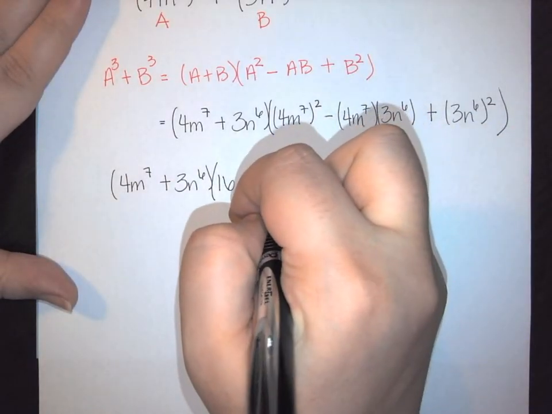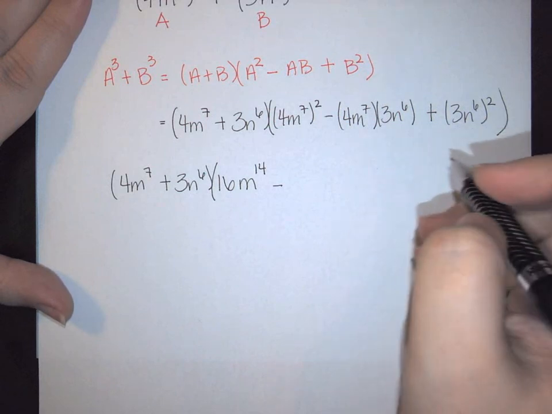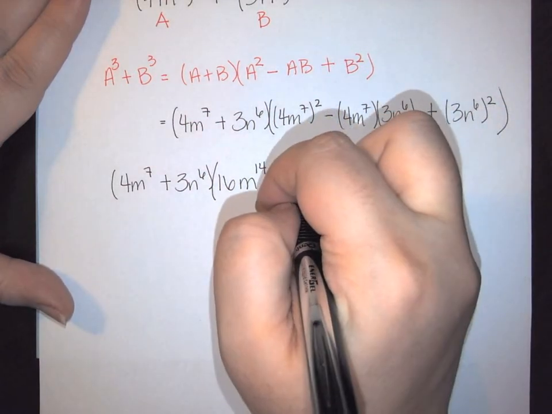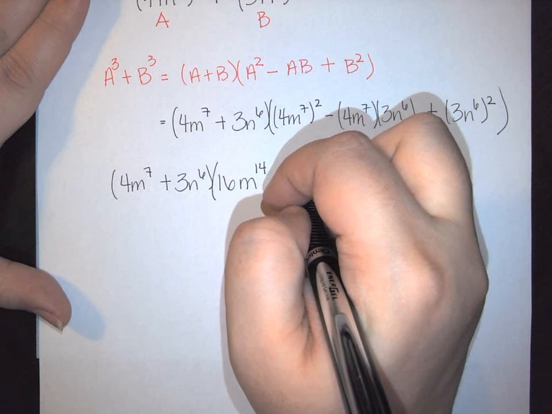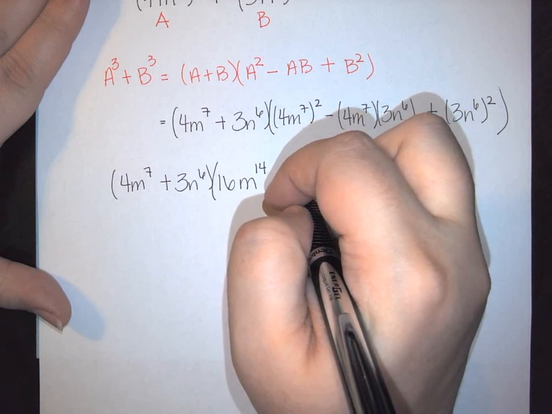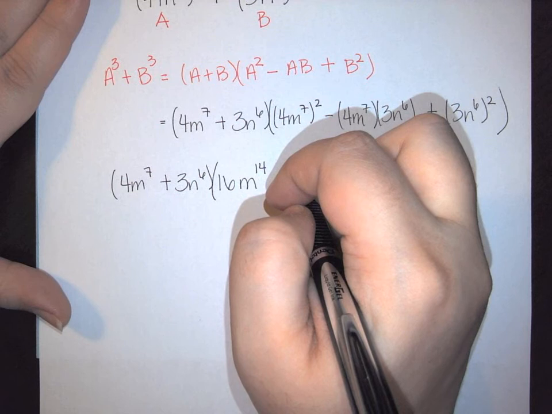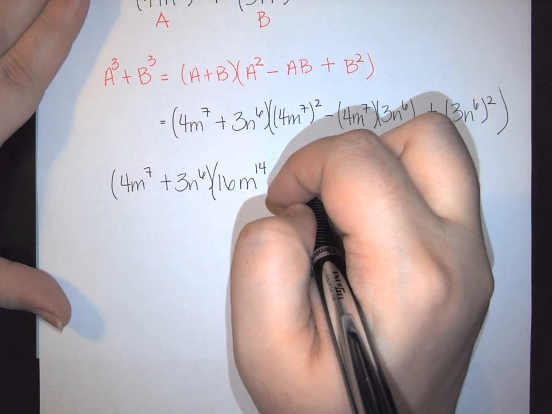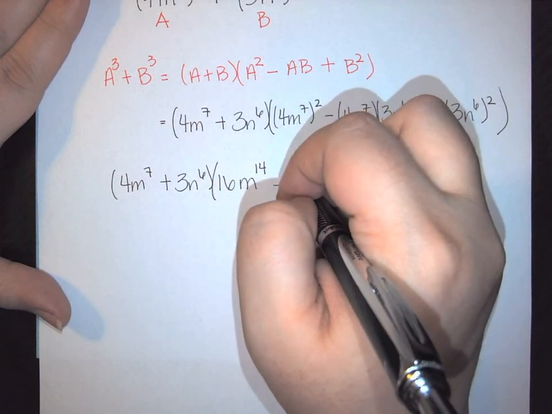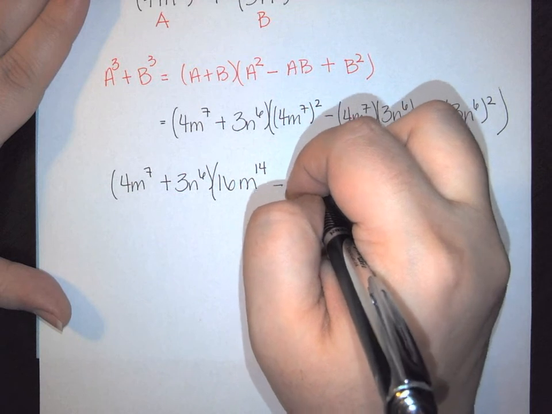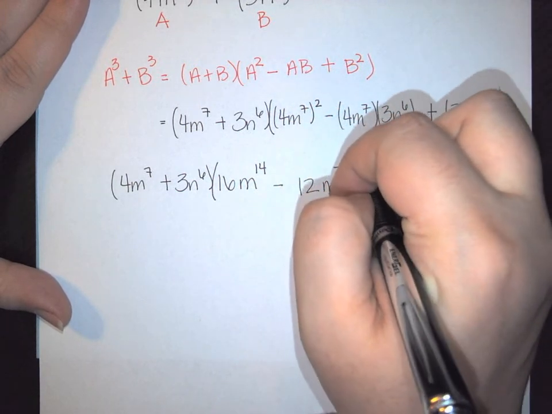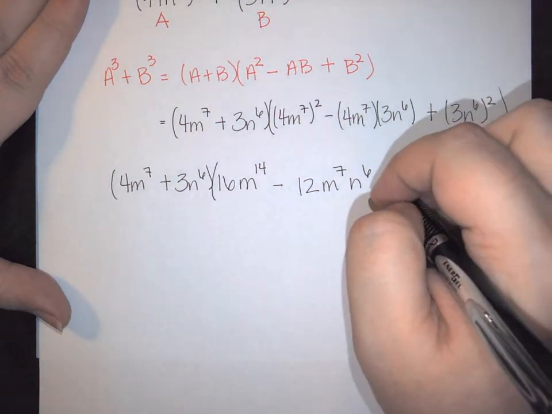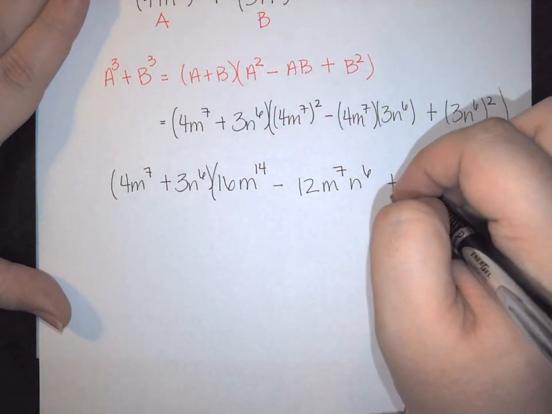Then we're going to have minus 12m to the 7th n to the 6th, and then we're going to have plus 9n to the 12th.